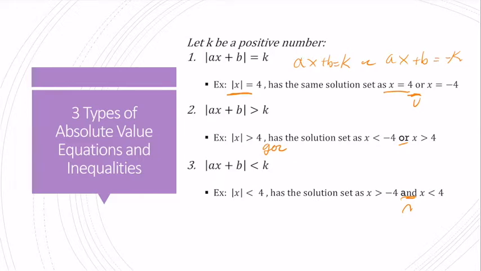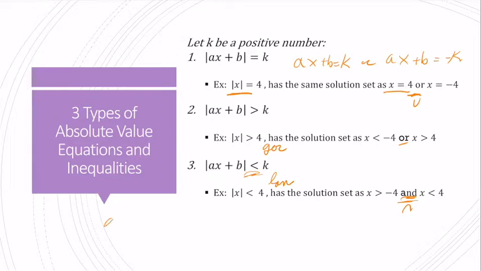Next, I have the absolute value of x is less than 4. That means I've got x is greater than negative 4 and x is less than 4. Less than uses and. So we're going to remember the word land.